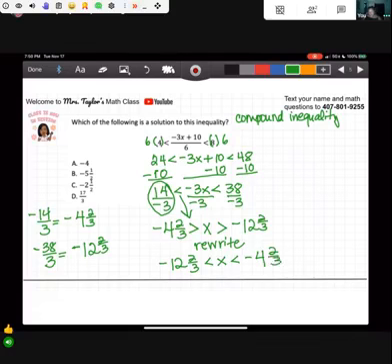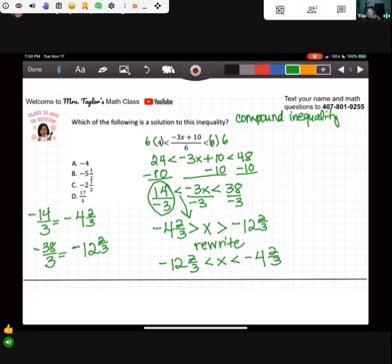Okay? So the question is, which of the following is a solution of this inequality? Well, with an inequality, there are infinitely many solutions. But which of the solutions would it be, A, B, or C? In this case, is negative 4 in between these two numbers? No, it is not. Negative 4 would be before the negative 4 and 2/3.